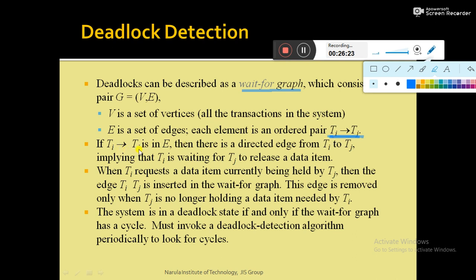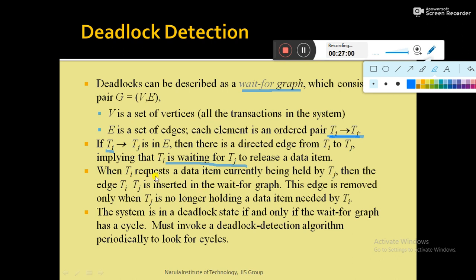If the arrow Ti to Tj is in edge set E, then there is a direct edge from Ti to Tj. This implies that transaction Ti is waiting for transaction Tj to release a data item. That means Tj is already holding a data item and Ti makes a request to that same data item. So Ti has to wait for Tj to release the data item, and then we can insert an arrow from Ti to Tj.